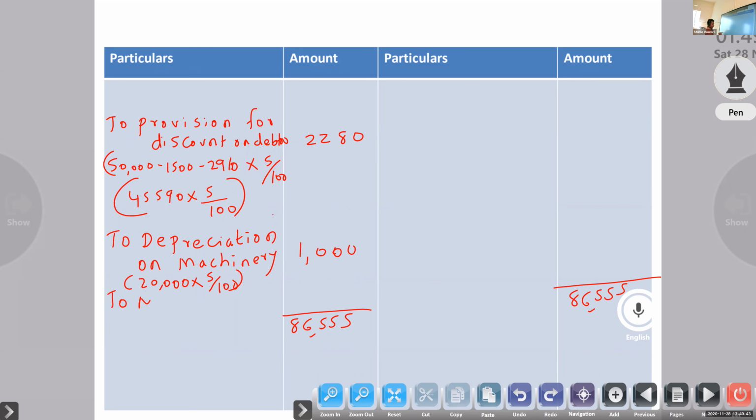To credit side is more, net profit, income is more. To net profit transferred to capital account.